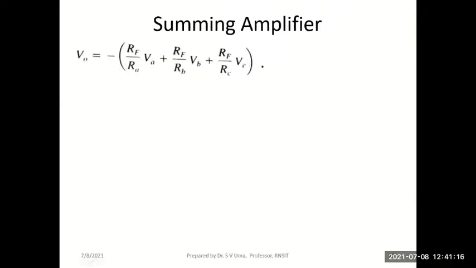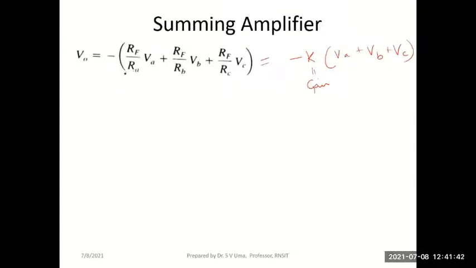How will I convert this? Okay, I'll give you the hint. How will I convert this to the form K into VA plus VB plus VC, where this K represents some common gain? What should I do? How will I extract a common factor out of all these?